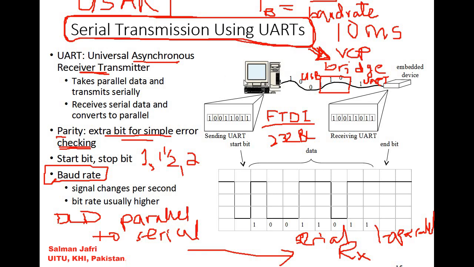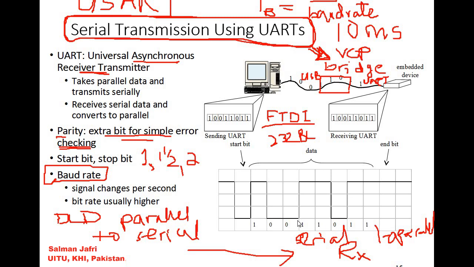So UART, universal asynchronous receiver transmitter, it takes data parallel and transmits it serially. Basically, transmission of UART is similar to the parallel to serial conversion in the registers, like we discussed in digital logic design, right? We have got a parallel register and we shift out the bits from the parallel register one bit at a time serially on the transmission line.